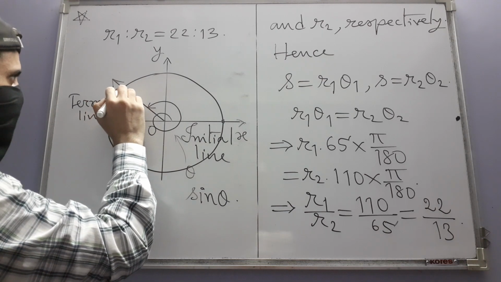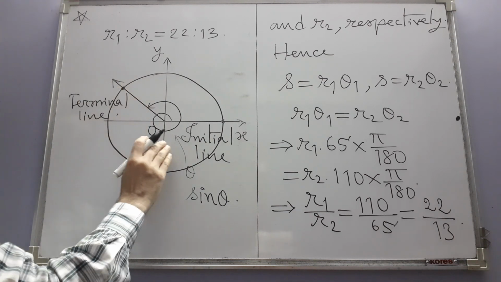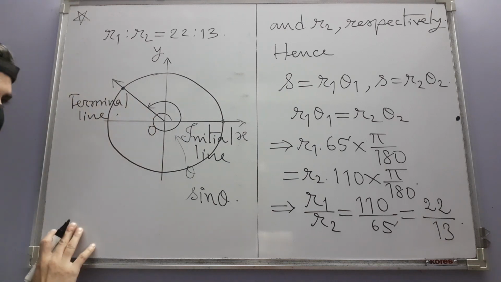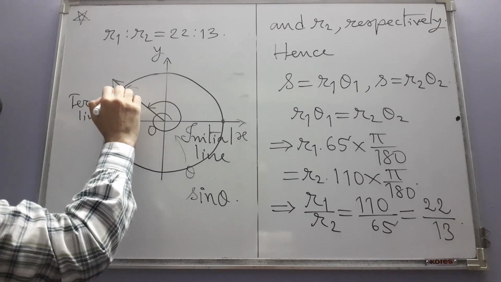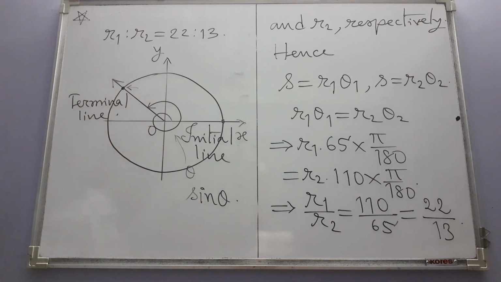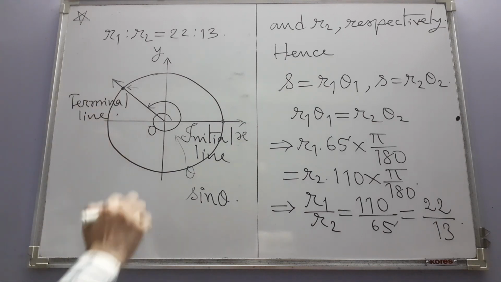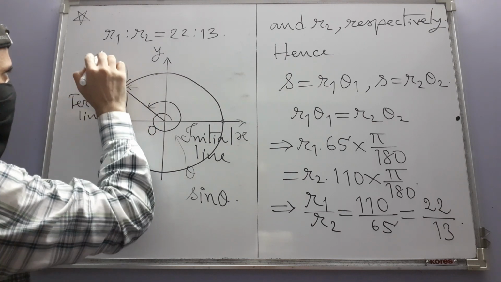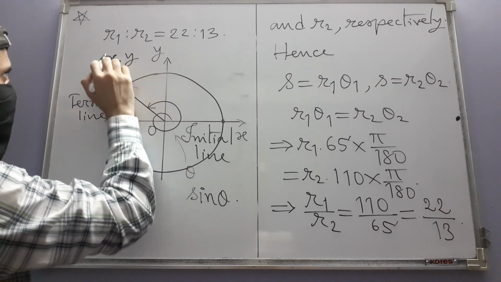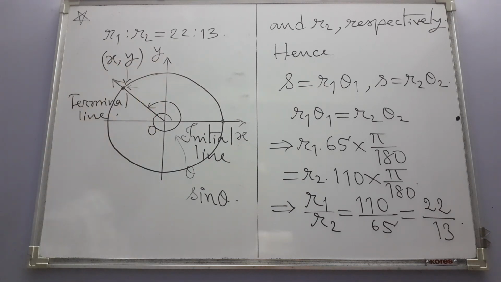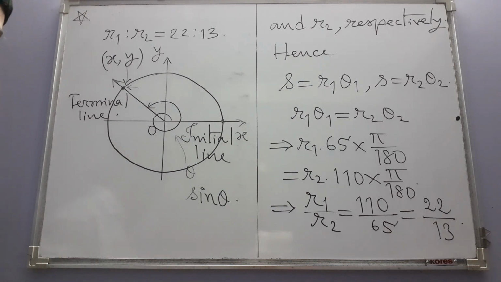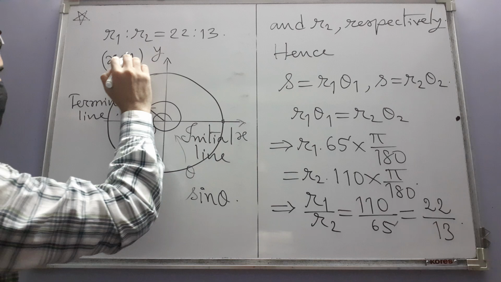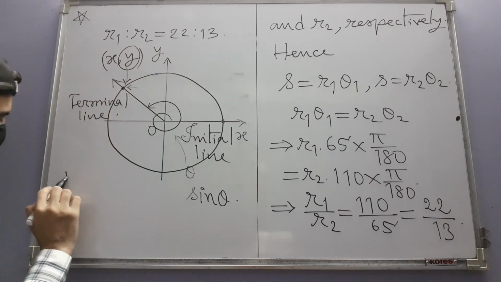Now, on the coordinate plane, the terminal line, whatever its position is, is going to intersect the circle at some point, obviously. And that point will have its coordinates, right? Just like any point on the plane has coordinates. Consider this y.